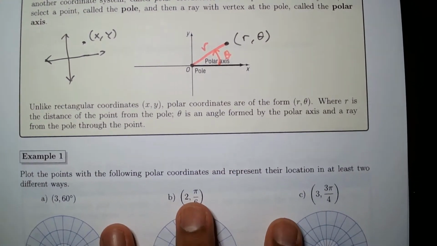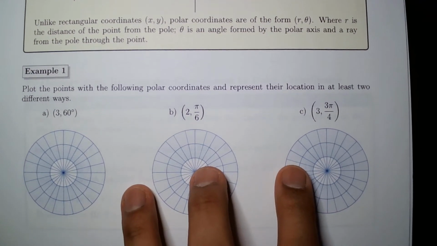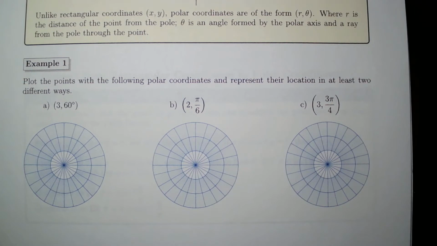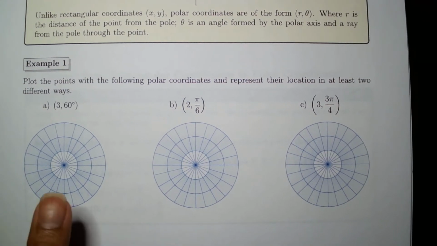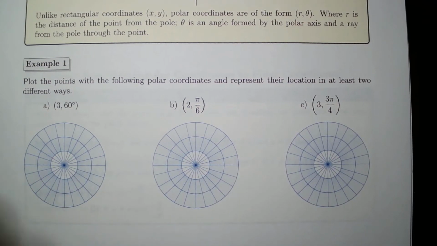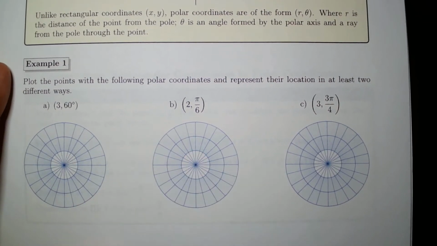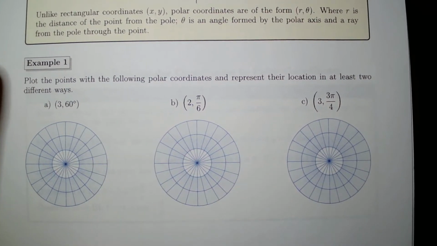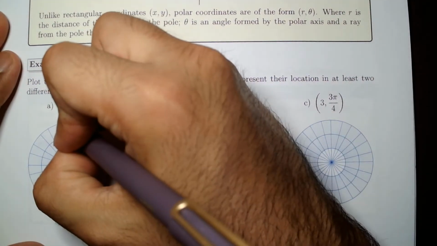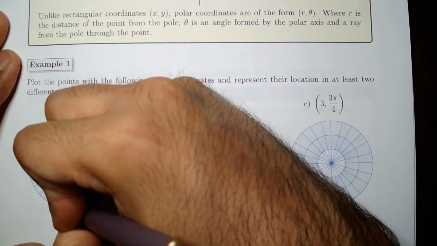Alright, so let's do some examples so we can have a good visual of what these points are. Number one, the graphs are going to look a little bit different. They're going to look circular, and each circle here will represent 1 unit in the radius. Let me mark this as the axis.